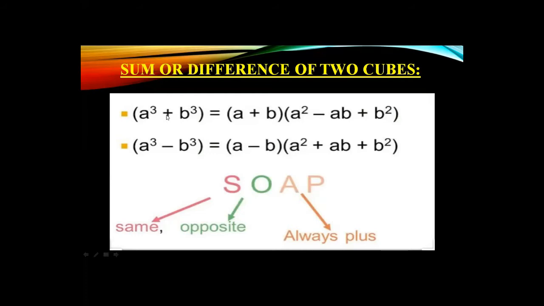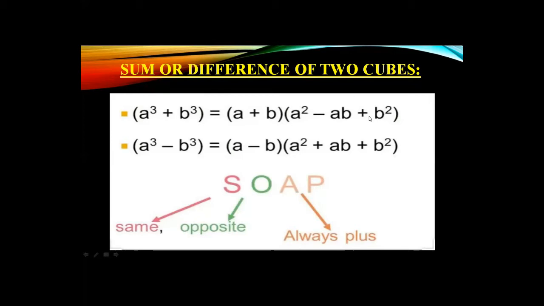If this sign is plus, this sign should also be plus. If it is a cube minus b cube, this sign is minus, so the first sign should be minus, same. Then you will use the opposite sign. If this is plus, the opposite will be minus. If this is minus, the opposite will be plus.